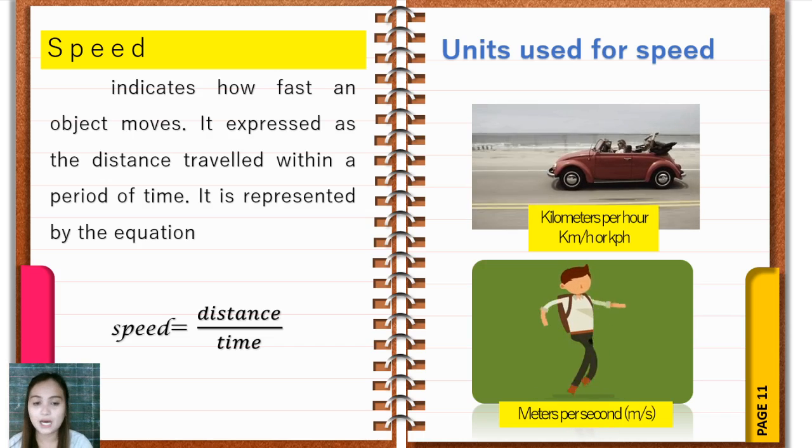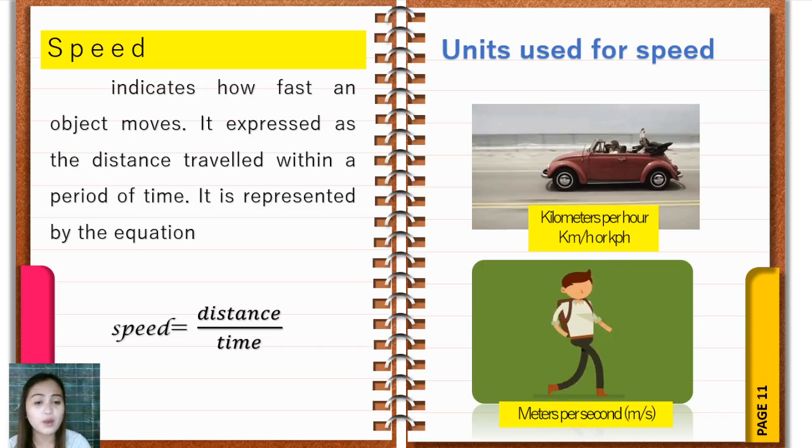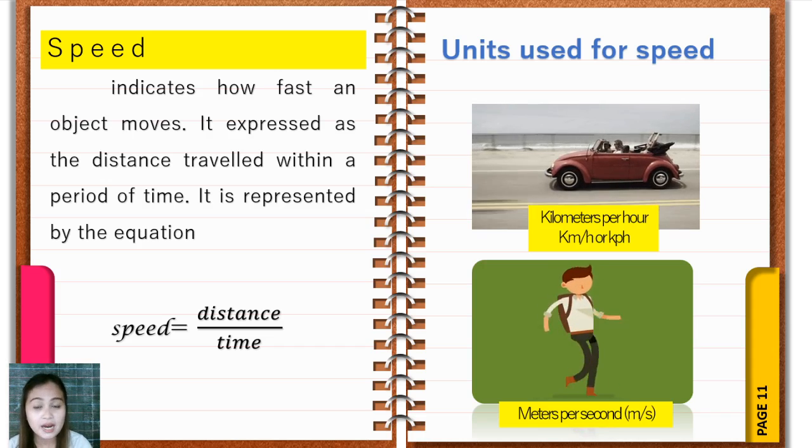What about when we are walking or running? What is the unit used for speed? We will use meters per second or m over s.